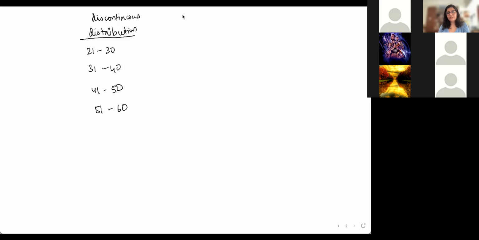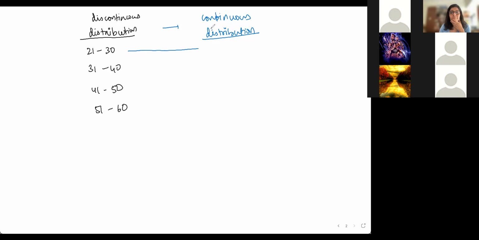If I want to convert this into a continuous distribution, what do I do? Subtract 0.5 from the lower limit and add 0.5 to the upper limit, in all classes. But why specifically 0.5? Why can't I just make this 31 and let this be 31 to 40?